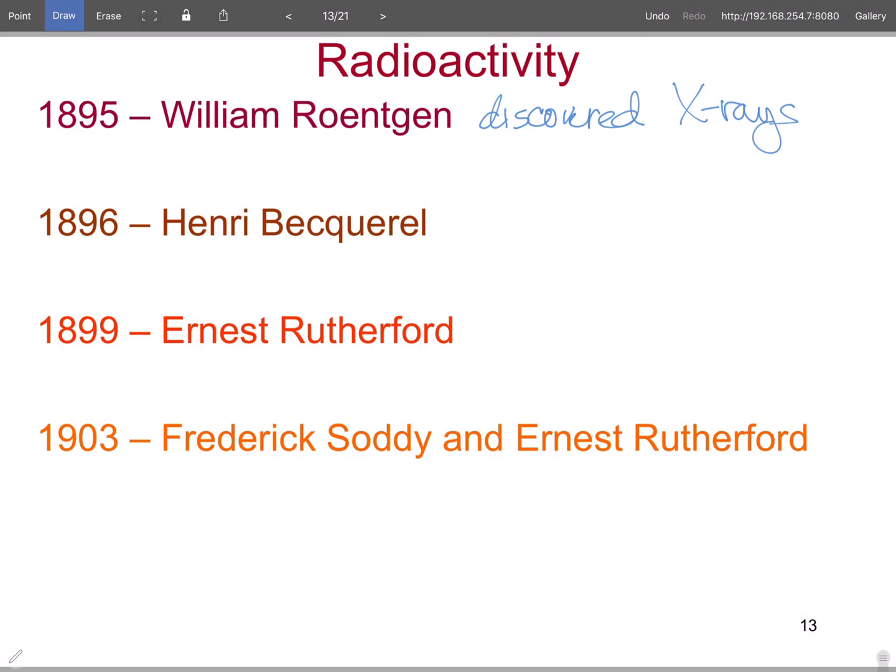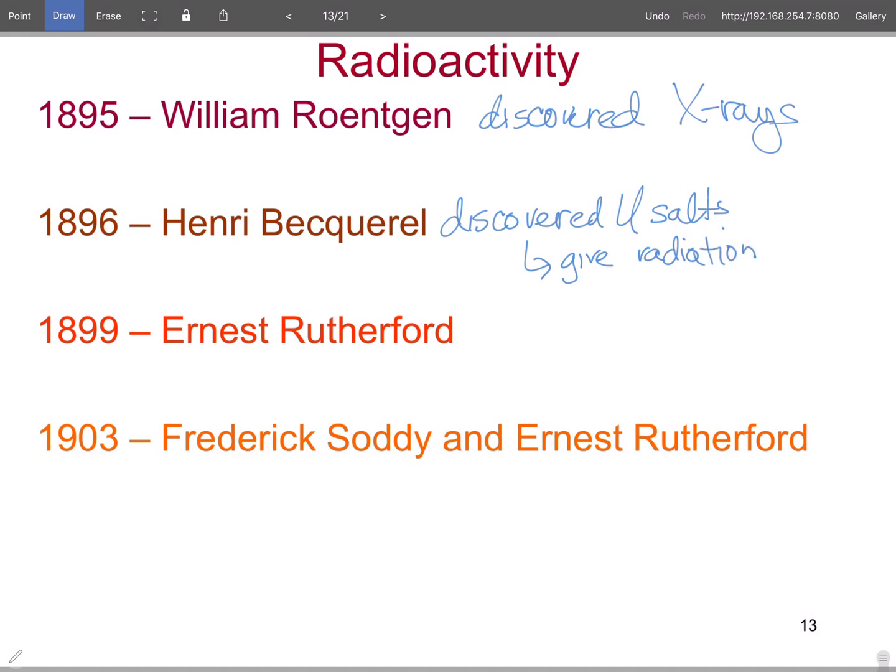Becquerel discovered uranium salts, and that allowed him to determine that some salts, metals, etc. will give off radiation. So he's kind of the father of radioactivity in terms of looking at it.